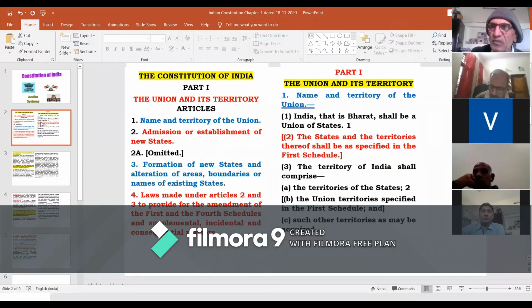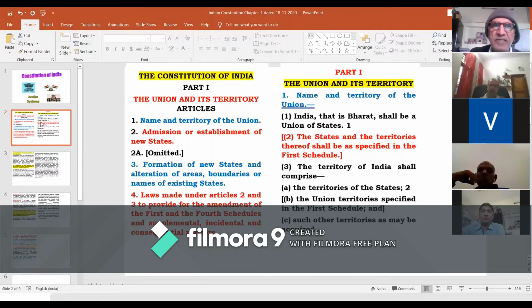Those prior institutional laws and the consequential changes because of amendments, like the formation of a new state, will require bringing the entire system in consonance with the Constitution of India itself. So supplemental, incidental, and consequential provisions have to be there.